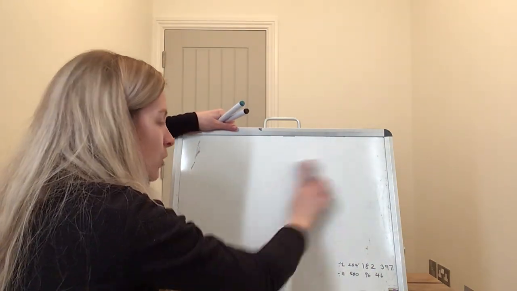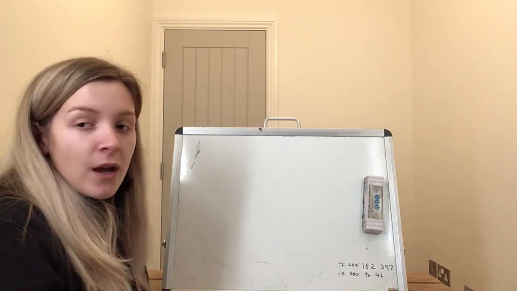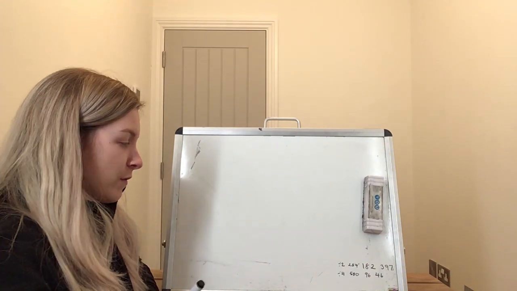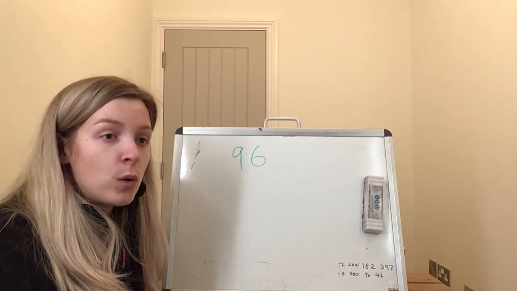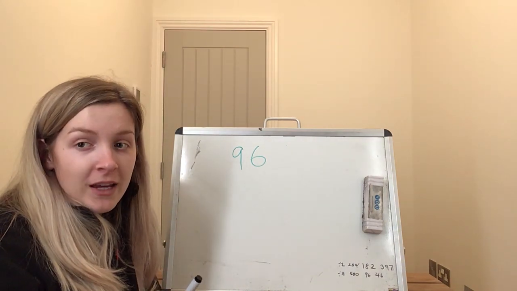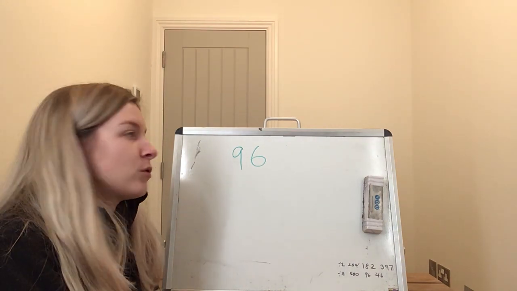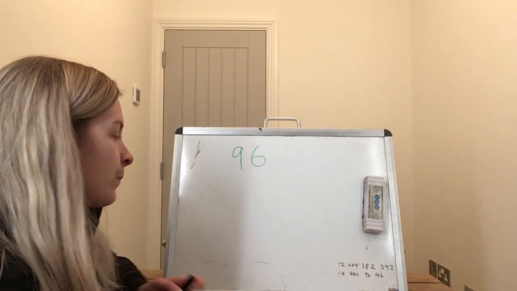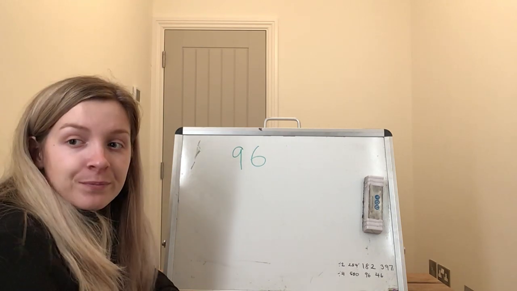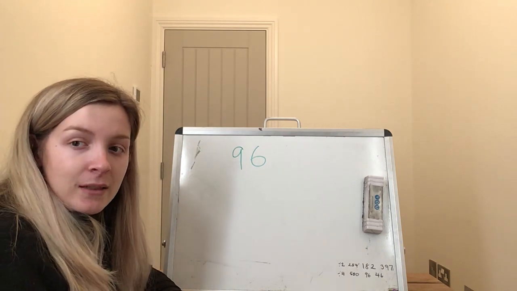Right, I'm going to give you two numbers now, and you're going to decide whether or not they're divisible by 4. So the first one, 96. Pause the video, half it, and tell me if it's an even number or not, and what does that mean for whether it's divisible by 4. Okay, are you all set?